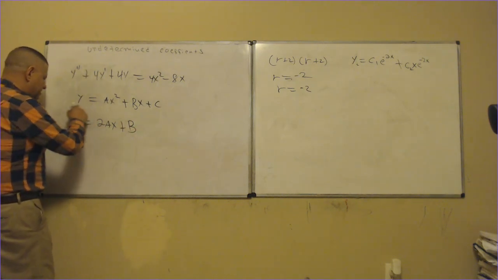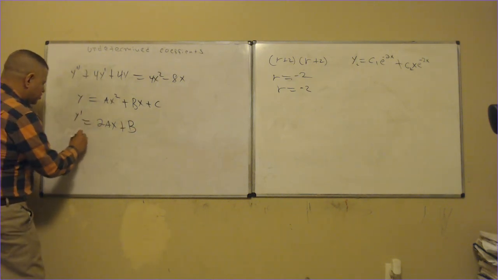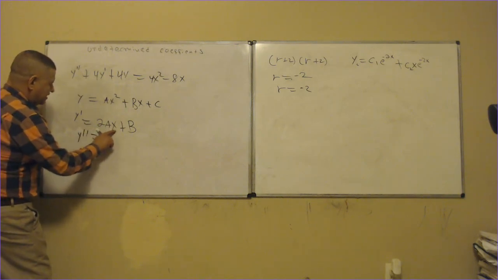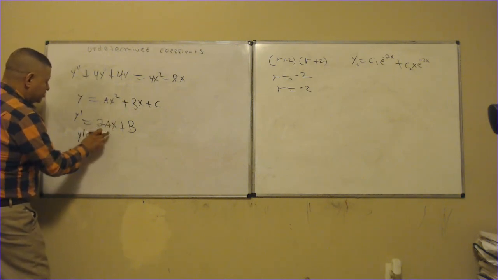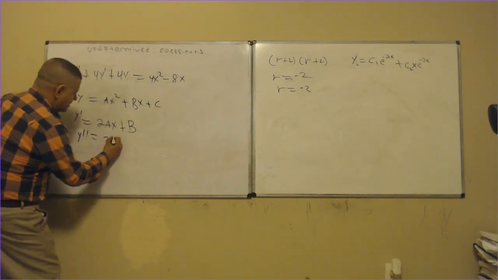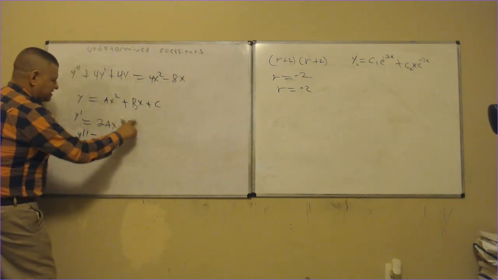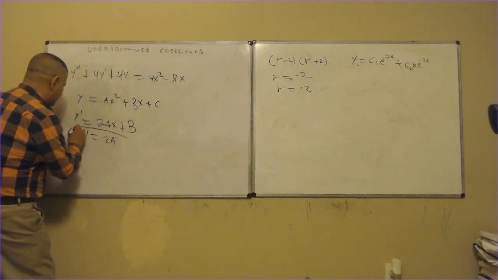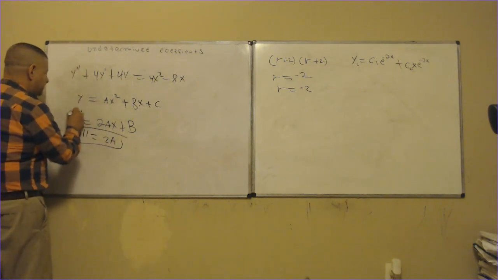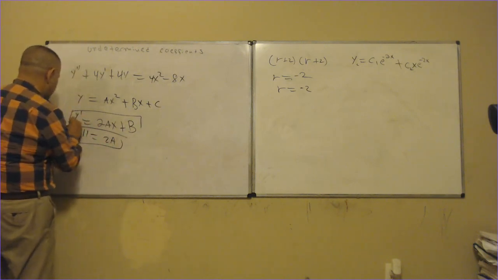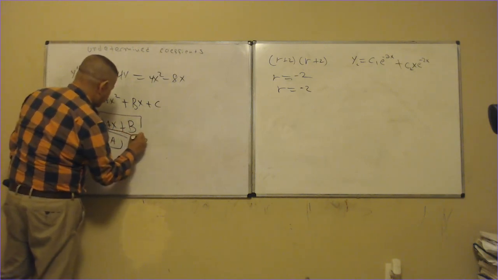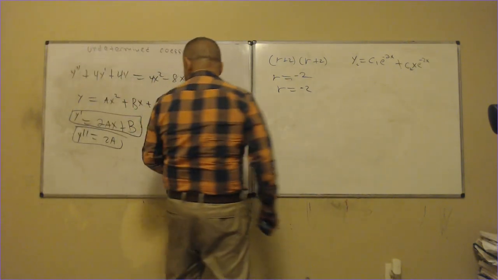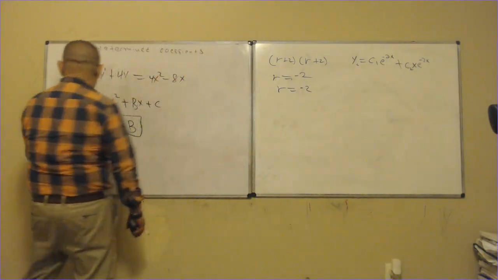Now the second derivative: y double prime is the derivative with respect to x, which gives 2a. The derivative of bx is just b, which is constant, so that is 0. That is the second derivative, and that is the first derivative.